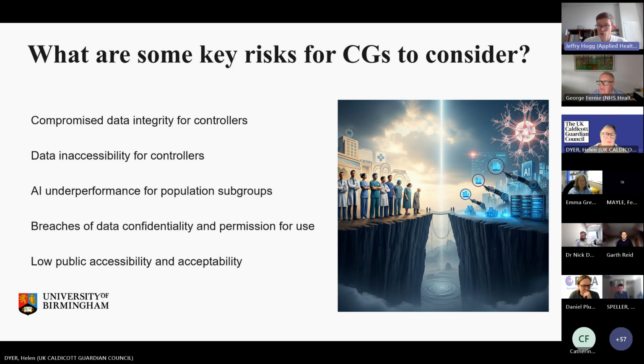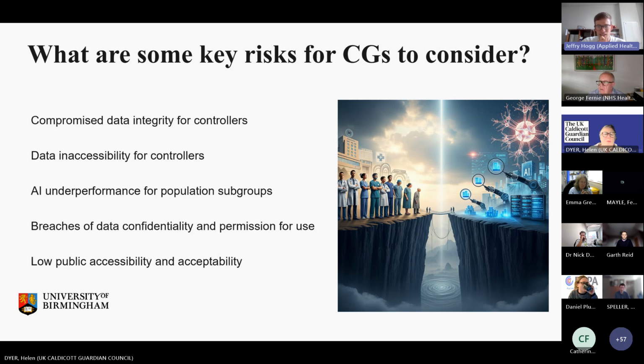It's also true that cyber attacks can cause problems with accessibility to data for controllers, and separately, there can be a challenge for integrity as well if these products are adding to the record, say generating content or text like AI scribes, and it's inaccurate.